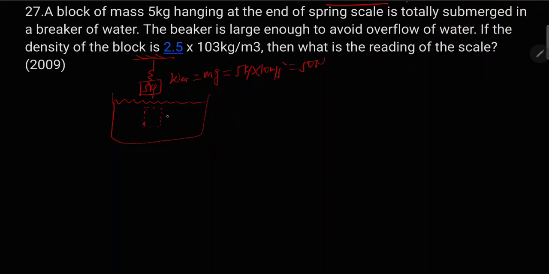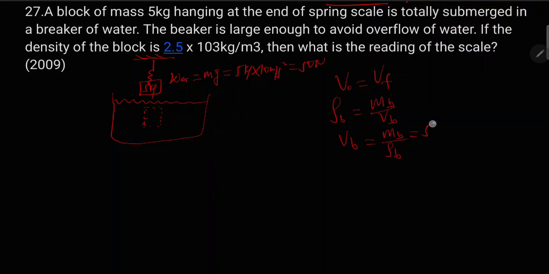So immersed in water, what will the apparent weight be? To find the apparent weight, what do we need to know? Volume of the object is equal to volume of displaced fluid. Density of the block is equal to mass of the block over volume of the block. Then volume of the block is equal to mass of the block over density of the block.